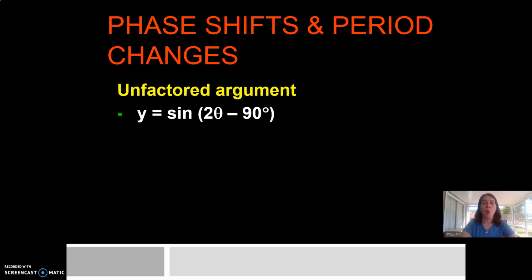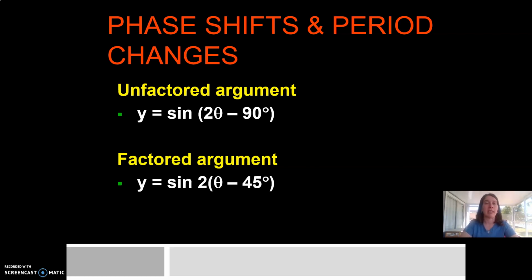Well, having the number inside the parenthesis with that number 2 there, it affects the entire expression, because this makes it look like the phase angle or the phase shift is 90 degrees, and that's actually not the case. So if I put it in factored format, I'm going to pull the 2 out to the front. Now it says y equals sine, and then 2 parenthesis theta minus 45.